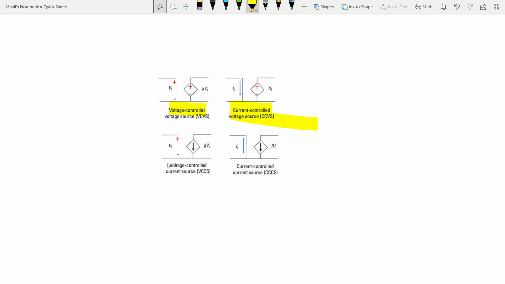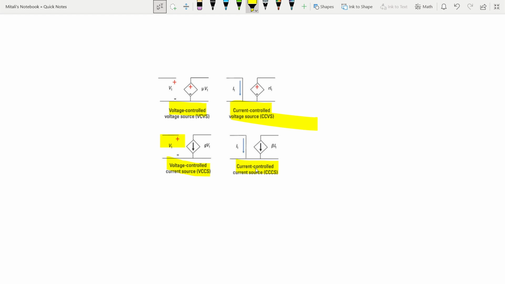Then the voltage controlled current source, where we can see the current source is controlled by the voltage in this circuit. Then the last one is the current controlled current source, where a current source is controlled by a current flowing through another circuit, which is CCCS.